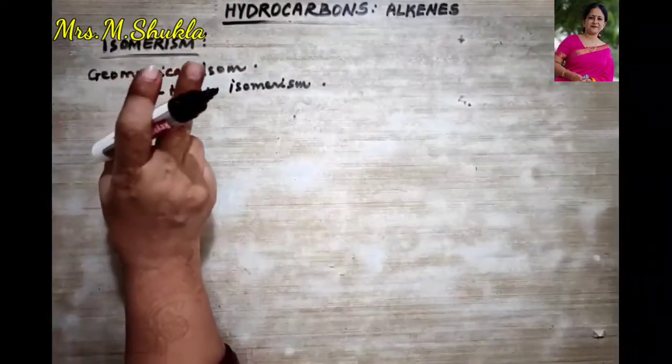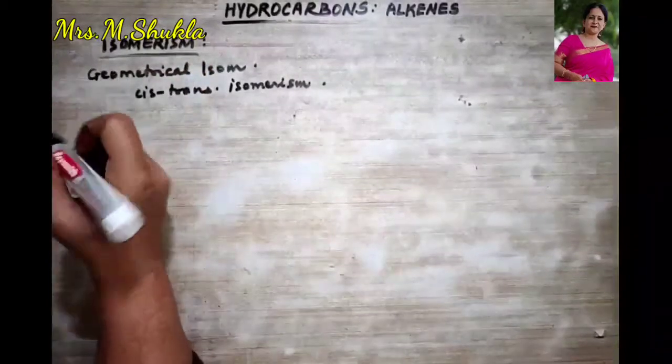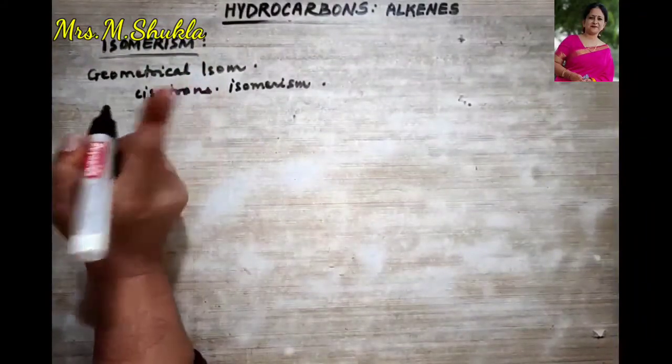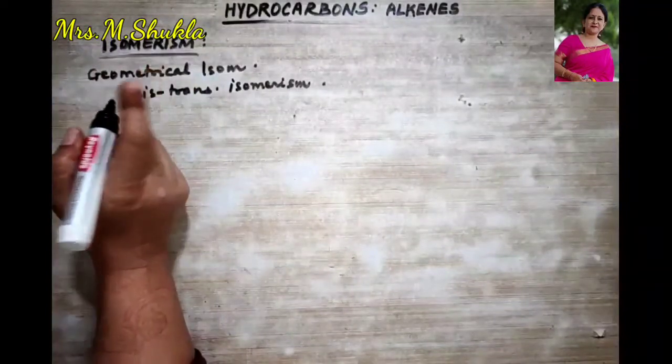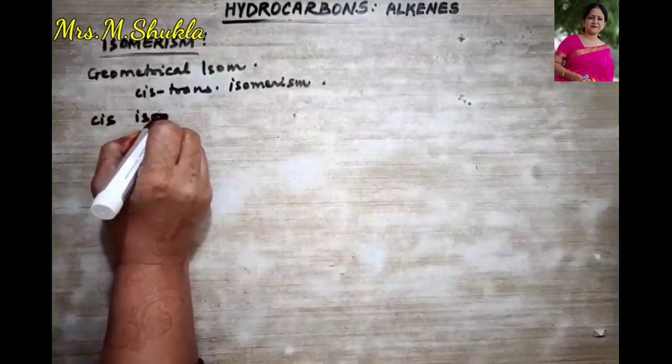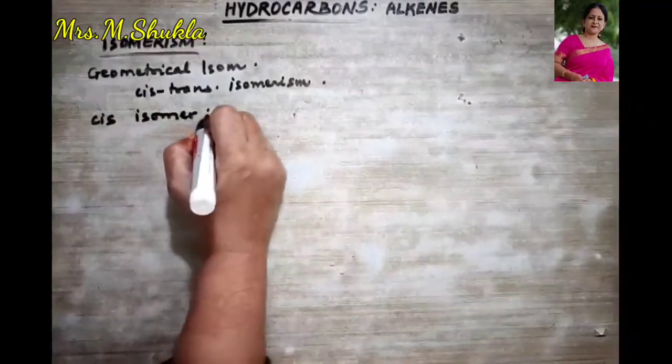So a geometrical isomer is called a cis isomer when the similar groups are on the same side of the double bond. I'll write over here: cis isomer. What did I say?